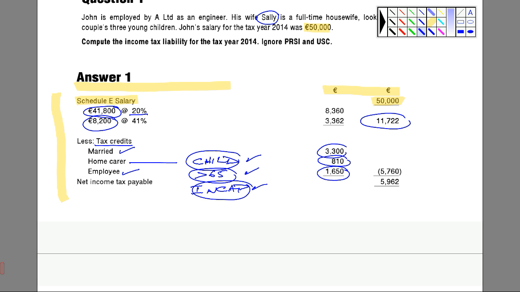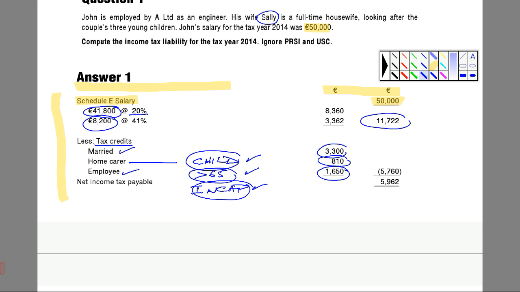Okay? Now, the other issue that's not relevant in this question is that a couple cannot claim the home carer credit and claim to increase their married couple's band. Now in this case, that wasn't relevant because Sally didn't have any income. In other words, because she didn't have any income, we were never going to increase the band anyway.